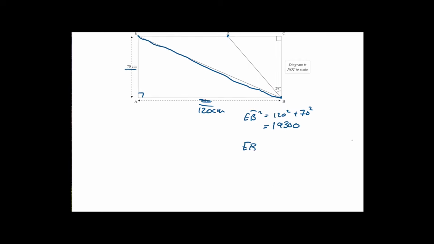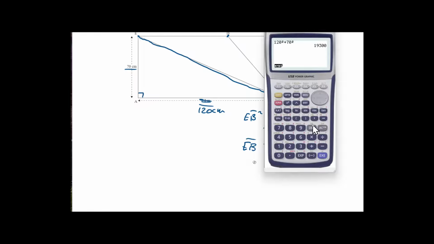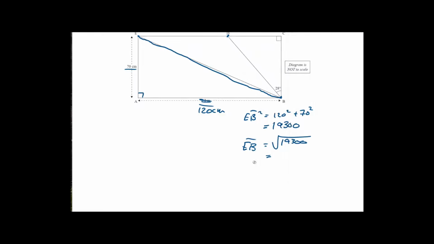So EB is going to be the square root of 19,300, which is, calculator, let's take the square root, 138.92. I'm going to go two decimal places, 138.92. Yes, that side there.